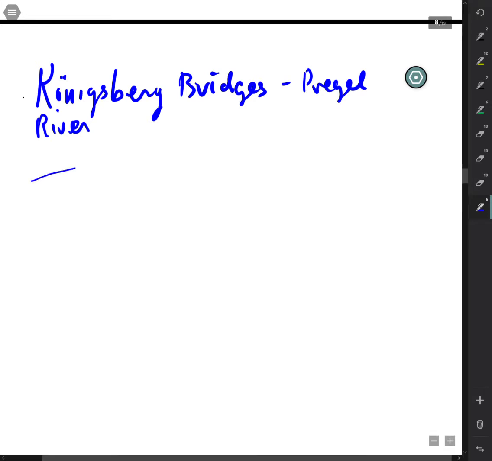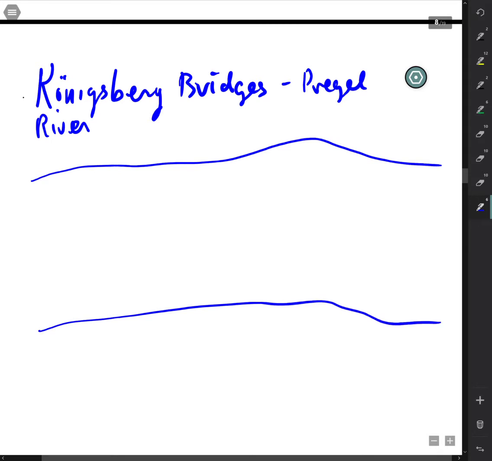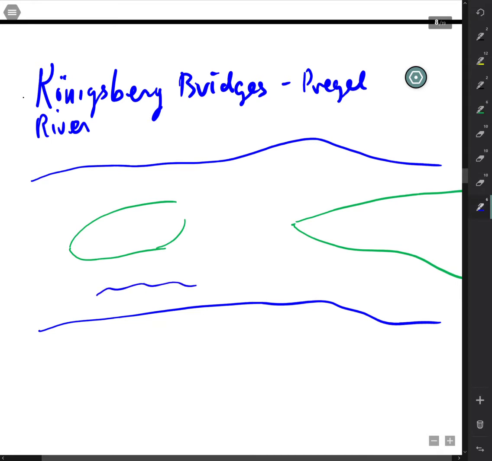The Königsberg bridges, Pregel River would look something like this, and in the Pregel River there was an island, and then a bigger land mass over here that I won't show all of. And so in here we've got water. That's supposed to be water.